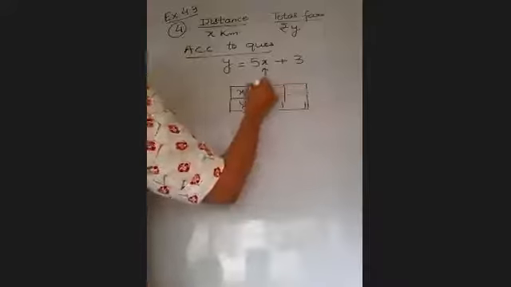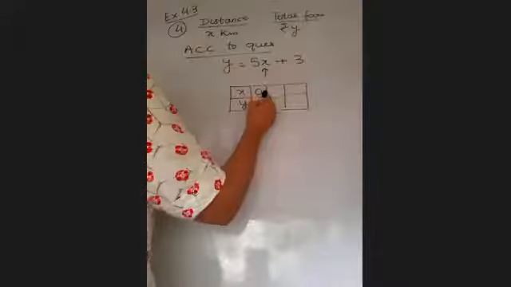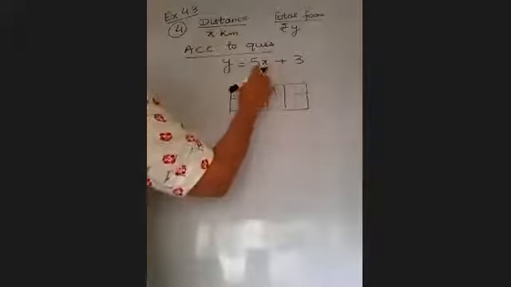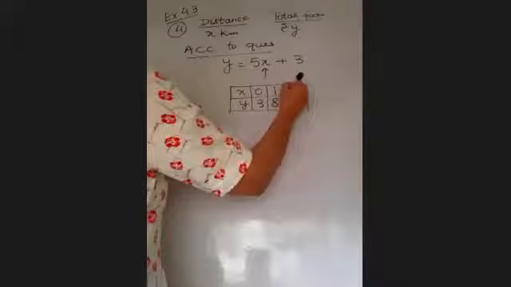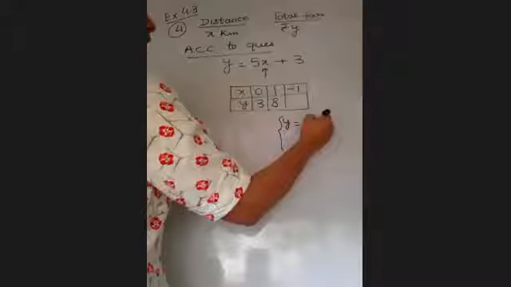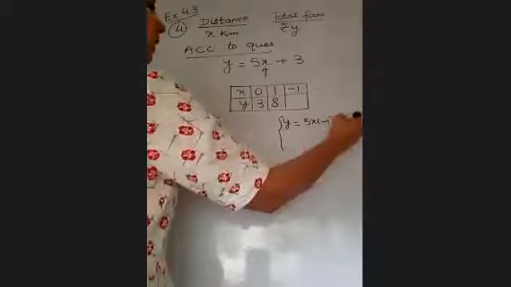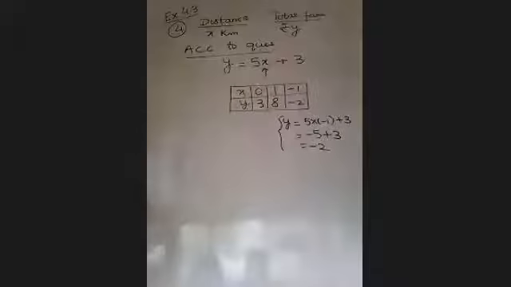I would take X equal to 0. If X equal to 0, what should be Y? 3. If X is 1, then Y is 8. If X is minus 1, then Y would be 5 into minus 1 plus 3, minus 5 plus 3, which is minus 2. Now we have got the values and we just need to plot its graph.